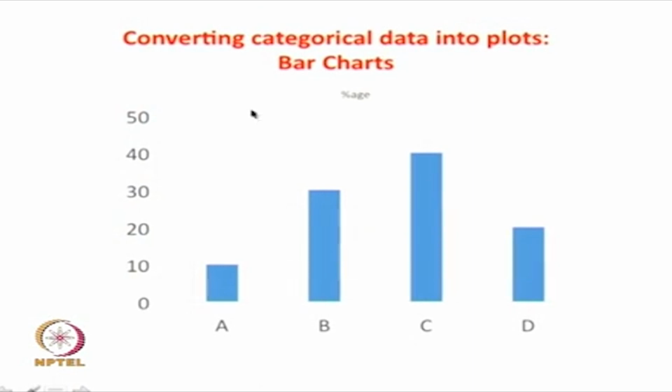So, you can express this categorical data in another thing which is widely used, a bar chart. So, same as before, you have the percentage in your y axis and you have the categories A, B, C, D. Okay. So, as before, one of the weaknesses or deficiencies of these bar charts is that if you have too many bars, it looks cluttered. Okay. If you have few bars, it is easy to represent.